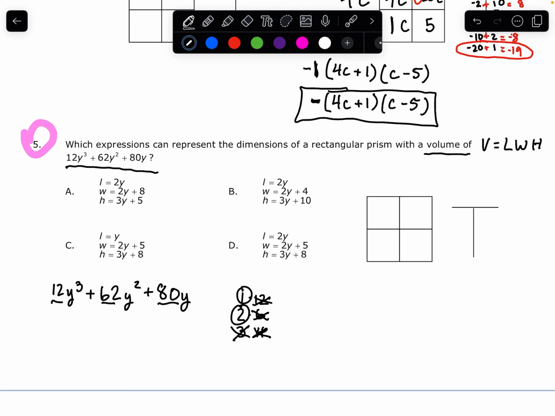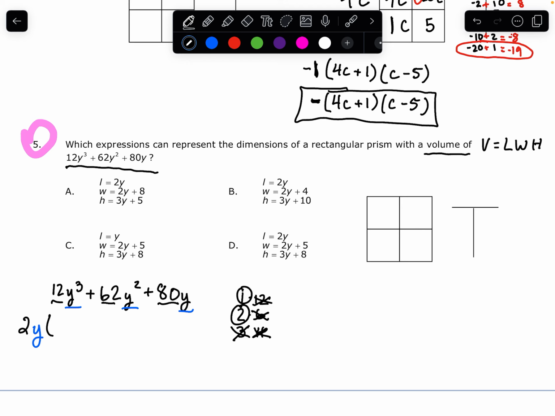So it has to be something that can go into all of them. You can do what I just did, or you can play guess and check. So really, I can take out a 2 here. I can also take out a y here. So y squared, y cubed, and y. The smallest thing I can take out of all of them is a y.